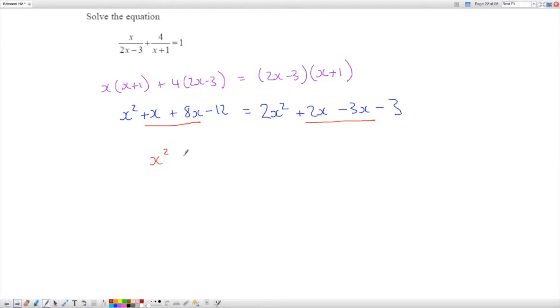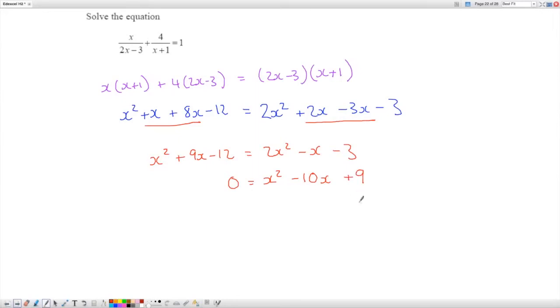So then we have x squared plus 9x minus 12 equals 2x squared minus x minus 3. Okay, let's put this all on one side. If we make this 0, we're going to have x squared, take away, minus 10x. Here, we're going to have to add the 12. So we're on minus 3, add 12, gives us positive 9.